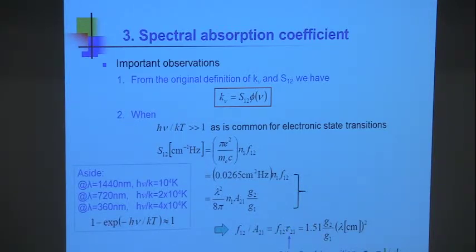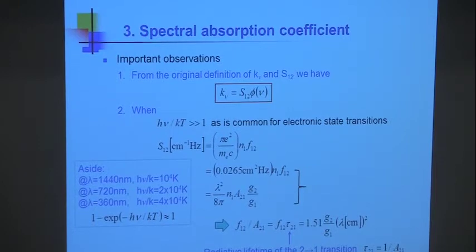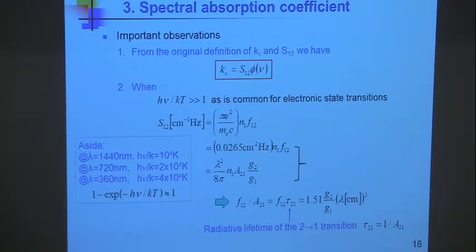Tau is 1 over A. So tau is the average lifetime for spontaneous emission. If A is 10 to the 6th per second, which is a typical number, the average lifetime is 1 microsecond. So everything boils down to A. If A is big, the probability per second of emission is big, which means strong absorption.